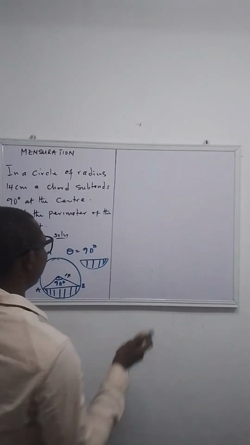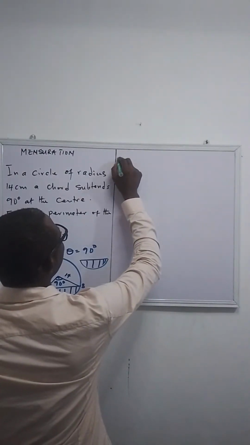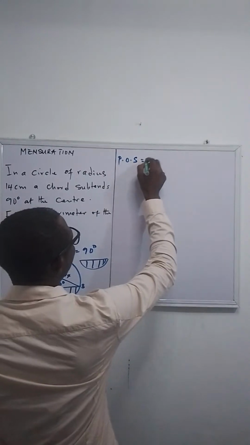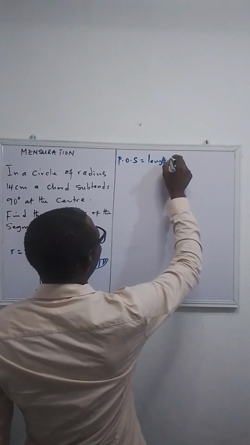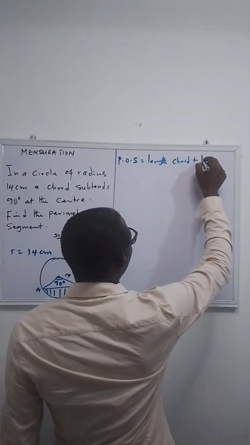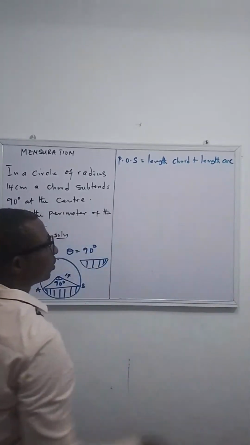So the perimeter of a segment is going to be the length of chord plus the length of arc, or you can say length of arc plus length of chord.